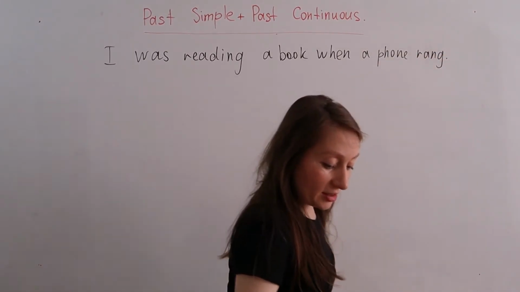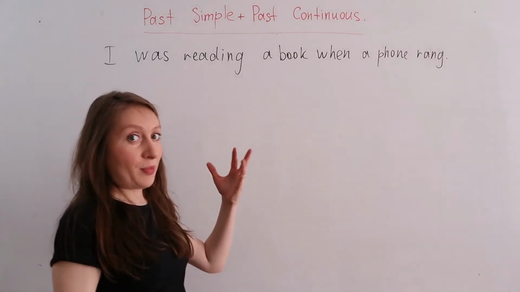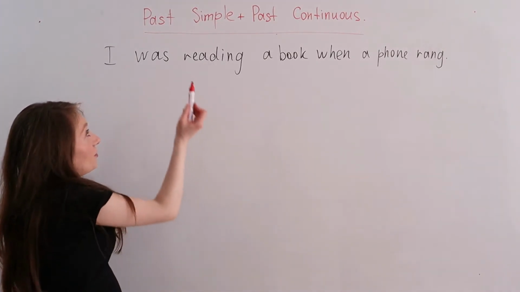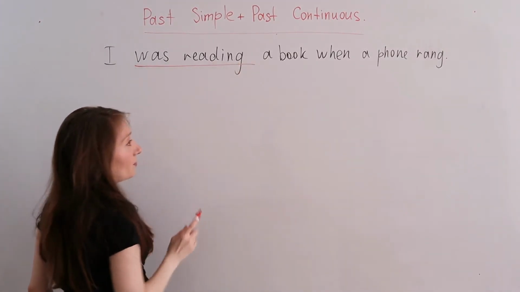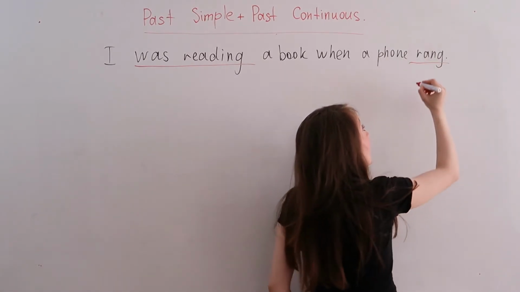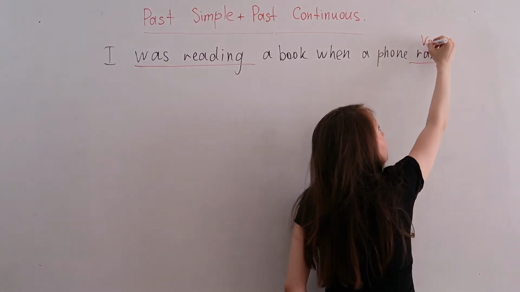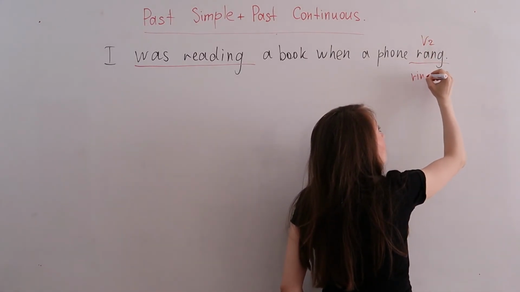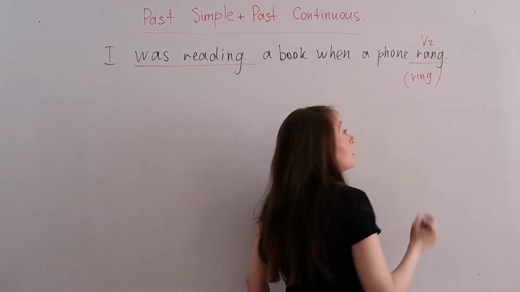So you see that there are two verbs again with past continuous and past simple. So very easy. Was reading, past continuous, and rang is past simple. Rang is verb 2 of the verb to ring, right?